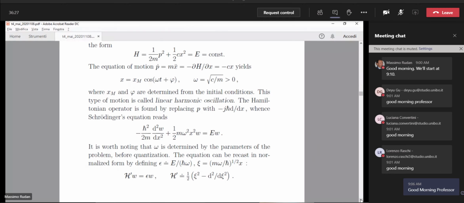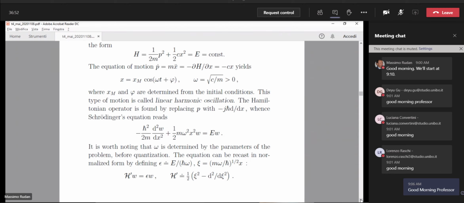If the derivative d2 over d psi squared is replaced for a second with the number a squared, we have psi squared minus a squared that can be written as psi minus a times psi plus a.